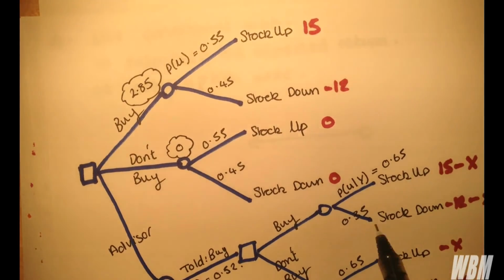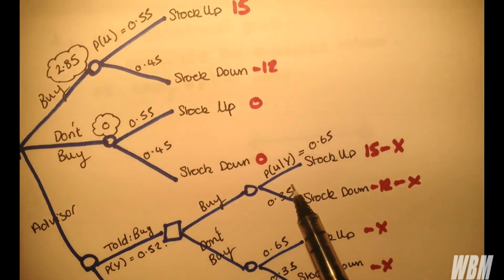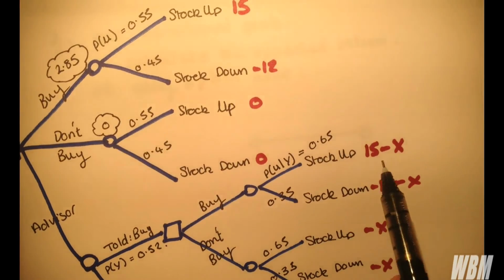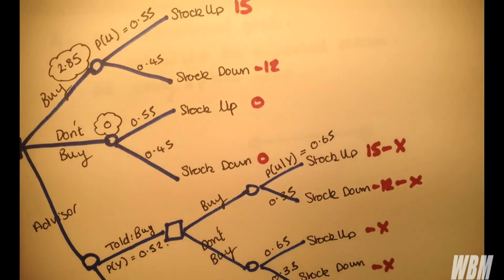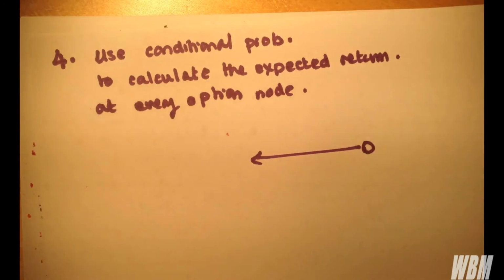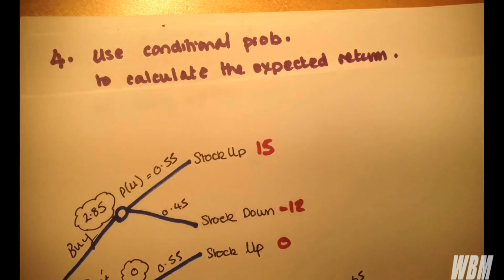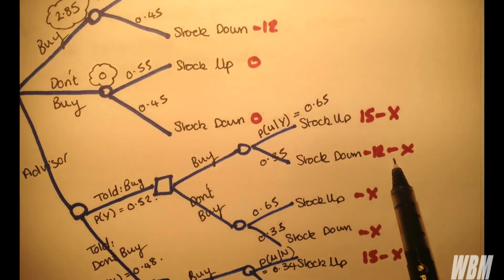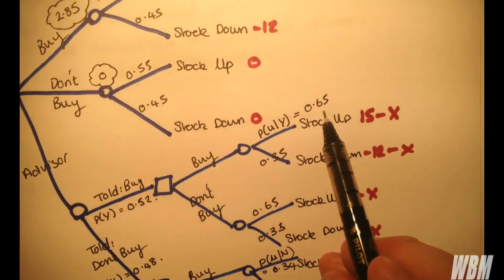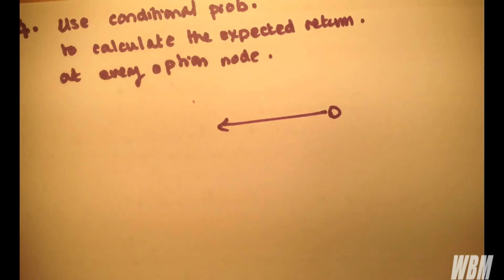Now what do we do when it comes to the slightly more complicated expected values here? Well, take for example 15 minus x and minus 12 minus x, with probabilities of 0.65 and 0.35.